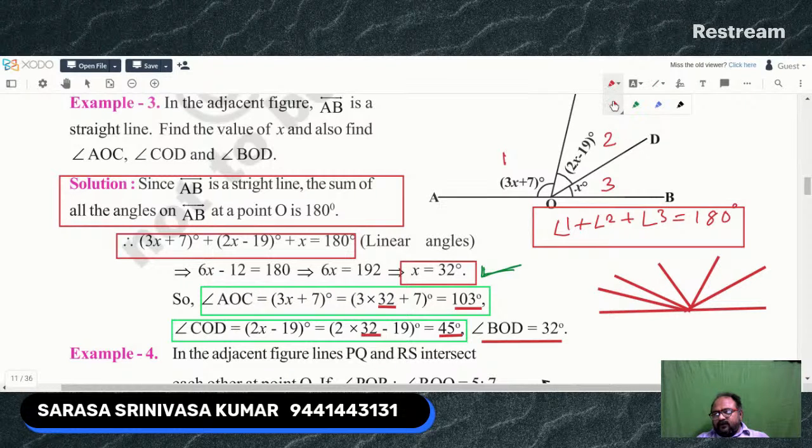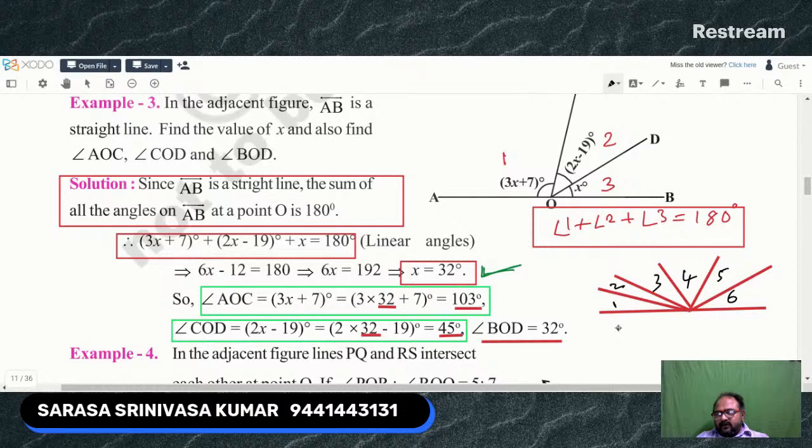So the sum of all these angles, this is angle 1, angle 2, angle 3, angle 4, angle 5, angle 6. The sum of all these angles is equal to 180 degrees.